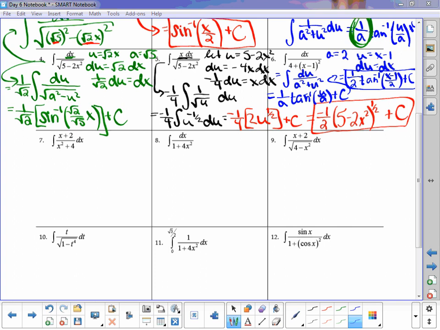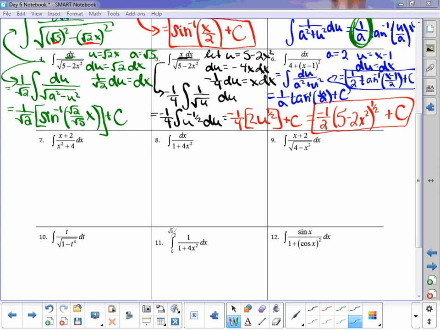All right, questions on that? Where are you stuck? Are you good with identifying a and u? Okay, so my inverse tangent has 1 over a squared plus u squared. I see that 4 is a perfect square, and this is a perfect square. That's what gives us a hint to tangent.